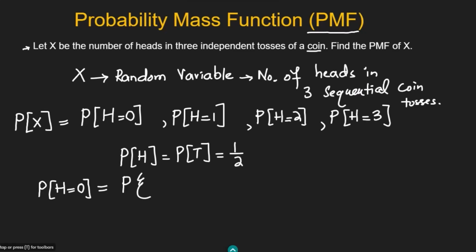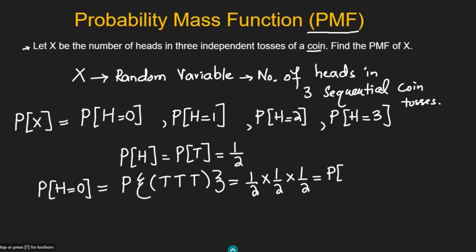So when the probability that heads is equal to 0, that would be tails, because in all 3 tosses I have 3 tails, and as the 3 events are independent of each other, their probabilities will be multiplied together. We can see that this is 1/2 multiplied by 1/2 multiplied by 1/2, because it is the probability of tail times the probability of tail times the probability of tail.